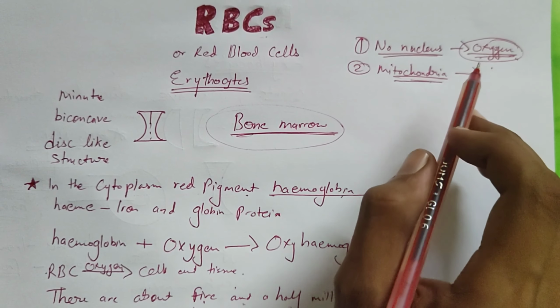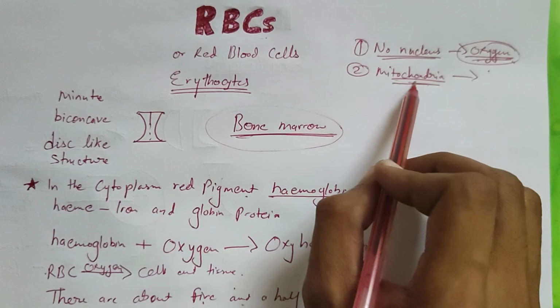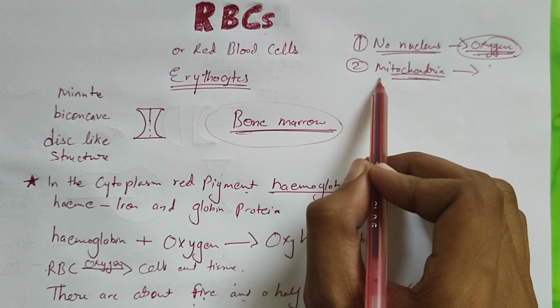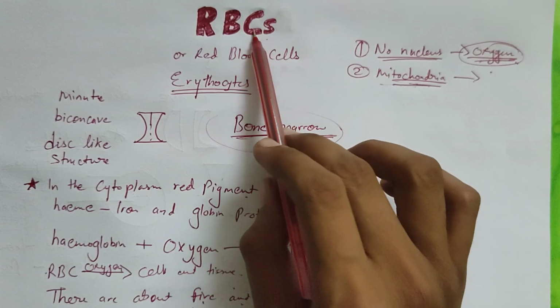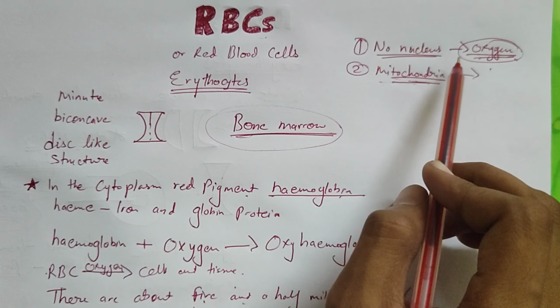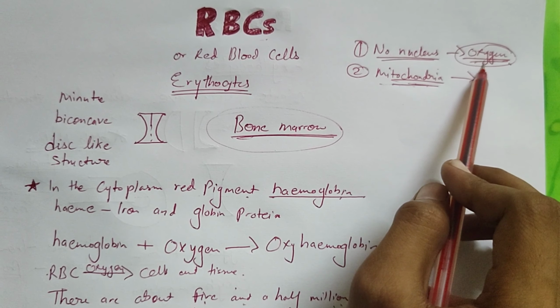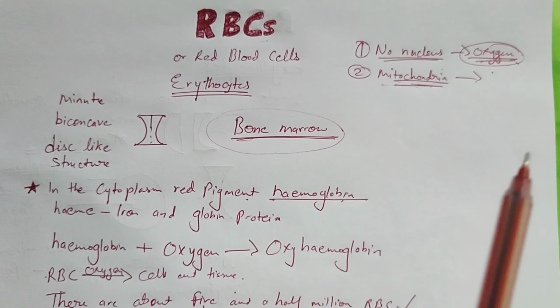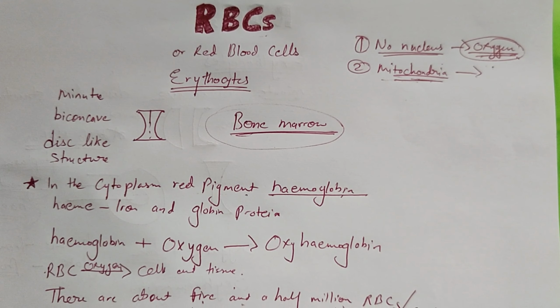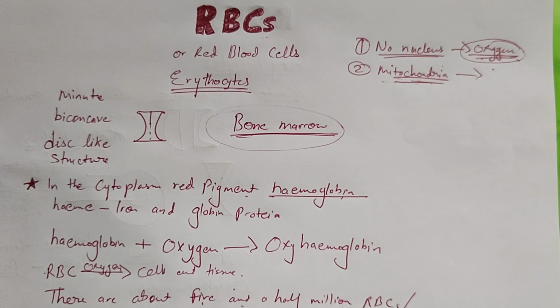It will not use the oxygen for itself. It will only transport the oxygen. This is the reason why RBCs are the only ones supplying or transporting the oxygen to the various parts of the body. With this, we are done with the topic, the RBCs.